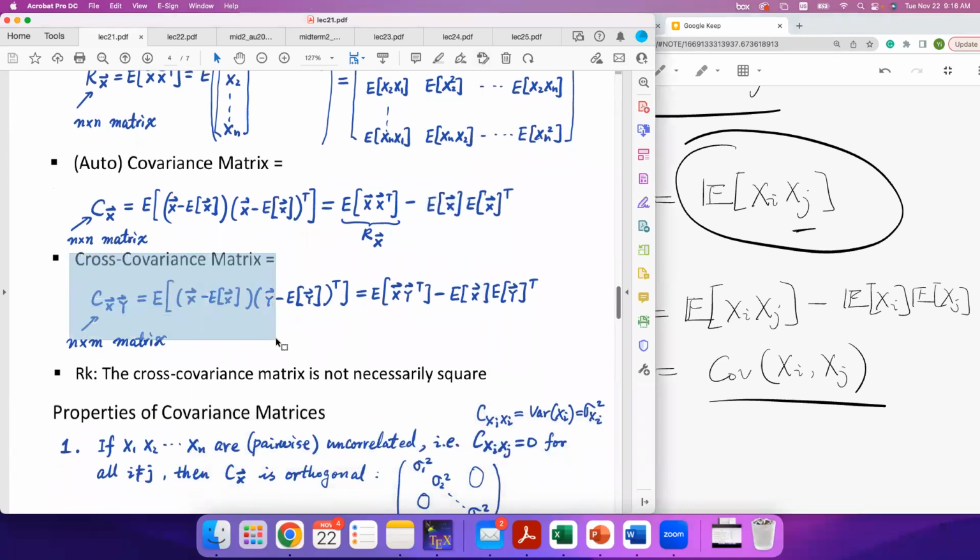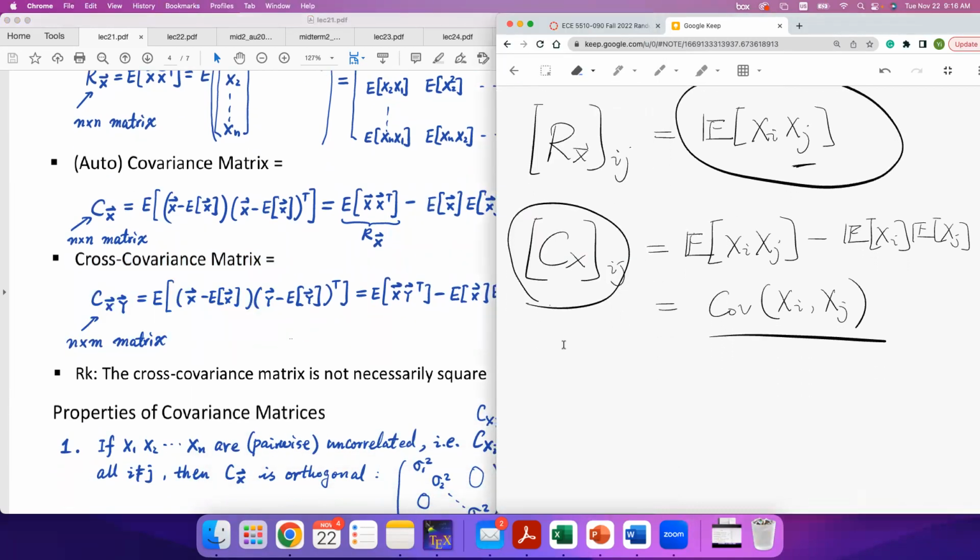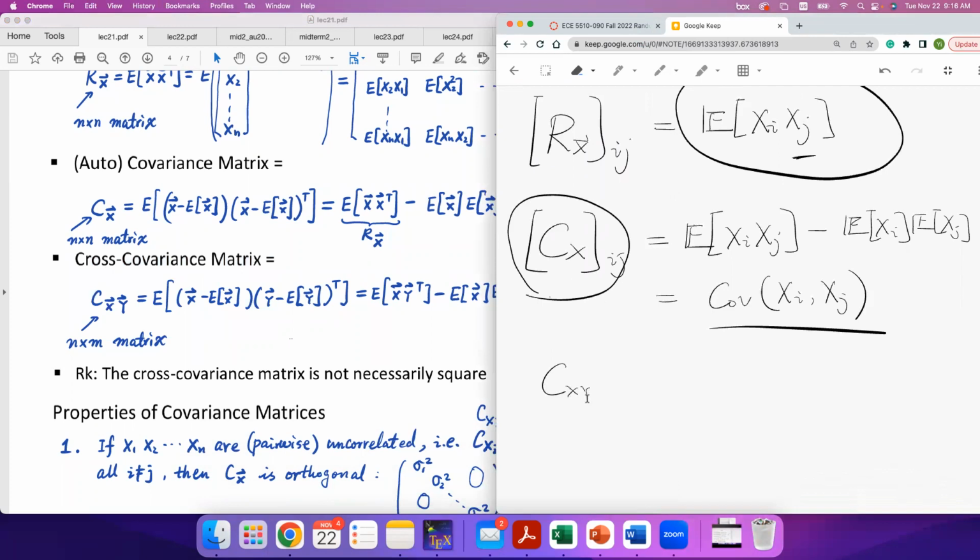Now the cross covariance matrix is the same thing. This time the ij entry is given by the covariance between xi and yj, because you have x and y.